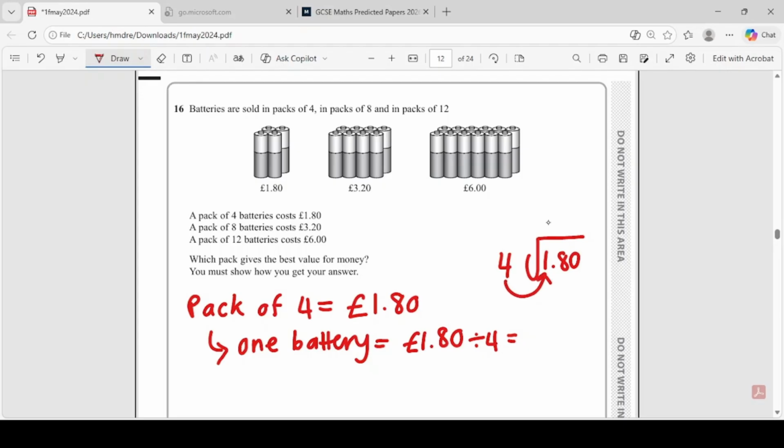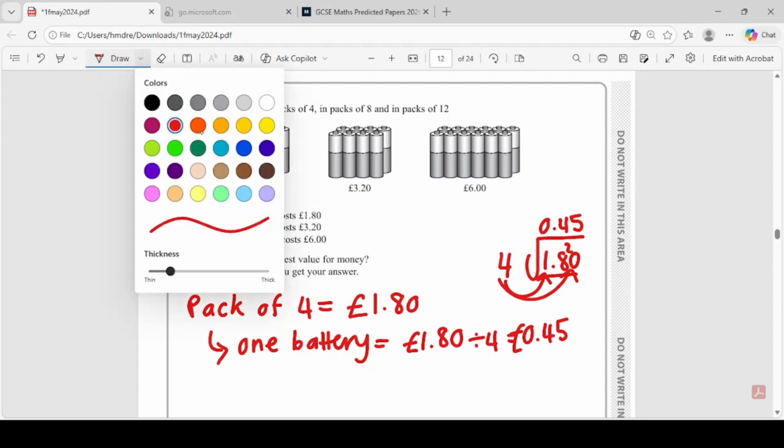How many times does 4 go into 1? It does not. How many times does 4 go into 18? So that's 4, 8, 12, 16. So it goes in 4 times. Remainder 2. How many times does 4 go into 20? 4, 8, 12, 16, 20. It goes in 5 times. And so we can see the cost of one battery in this pack is going to be 45p. Okay, so we can put it here. This one is going to be 45p.